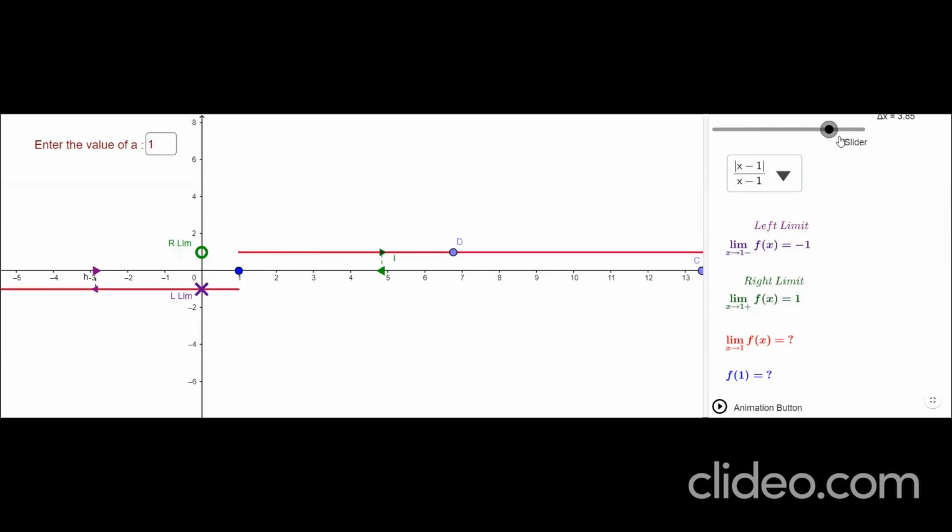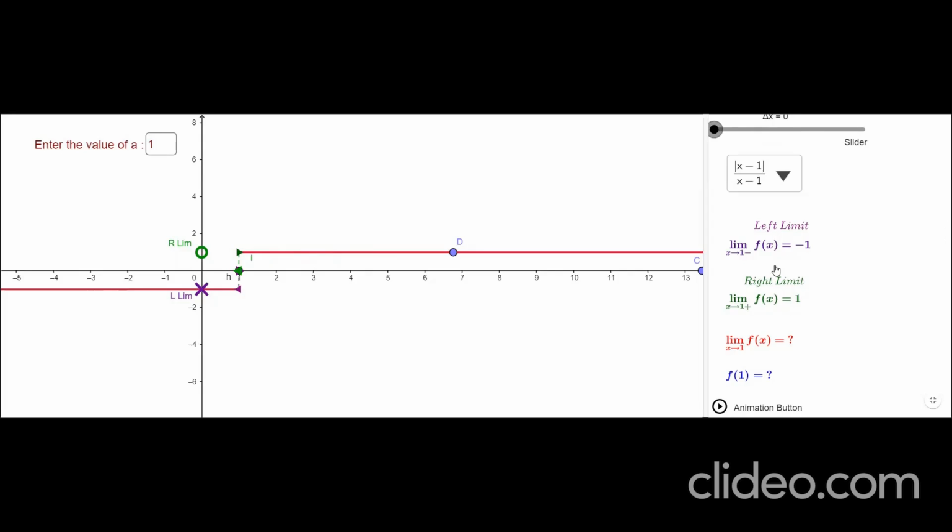So when x is moving to 1 from left side and right side, the violet color is moving to minus 1, and the green color is moving to 1. When x is very near to 1, green color equals 1 and violet color equals minus 1.